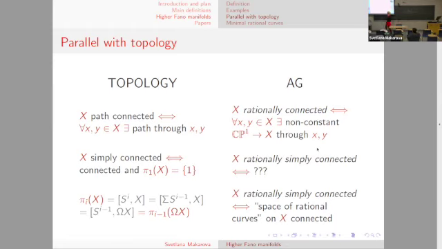Mimicking this, we can say that X is simply connected if and only if it is connected and the loop space is connected. We mimic this definition by saying that X is rationally simply connected if it is rationally connected and the space of rational curves on X is connected or rationally connected.